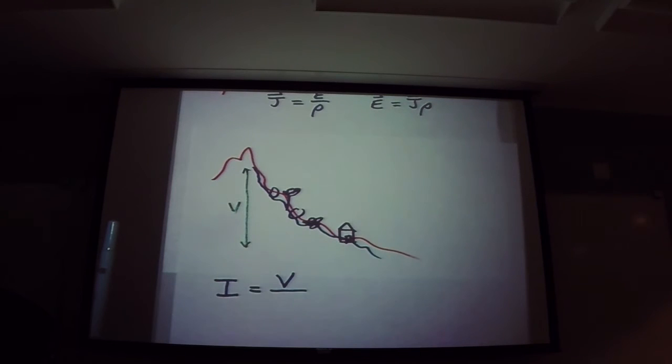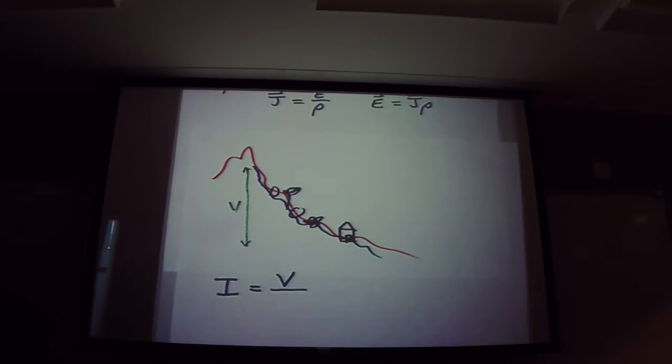Those things get in the way. We lump all of that together, and we say that this forms a quantity inside of a wire that is called resistance.